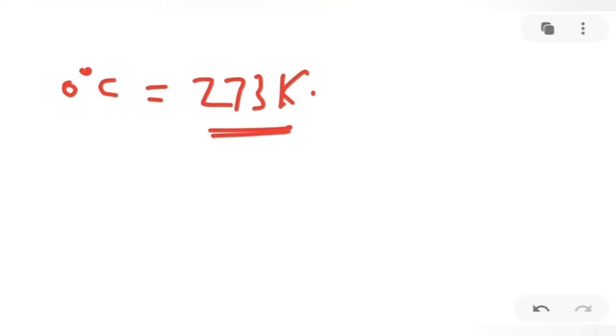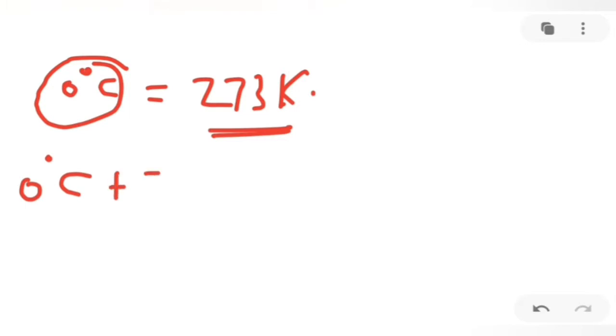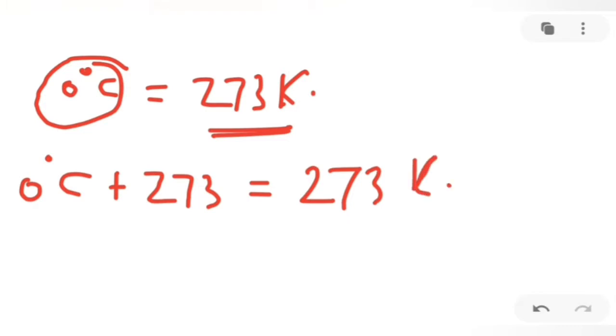Now since 0 degree Celsius is equal to 273 Kelvin, it means that the temperature on the Kelvin scale will be equal to the temperature on the Celsius scale plus 273. If you add 0 degree Celsius plus 273, what you will get is the temperature on the Kelvin scale, 273 Kelvin.